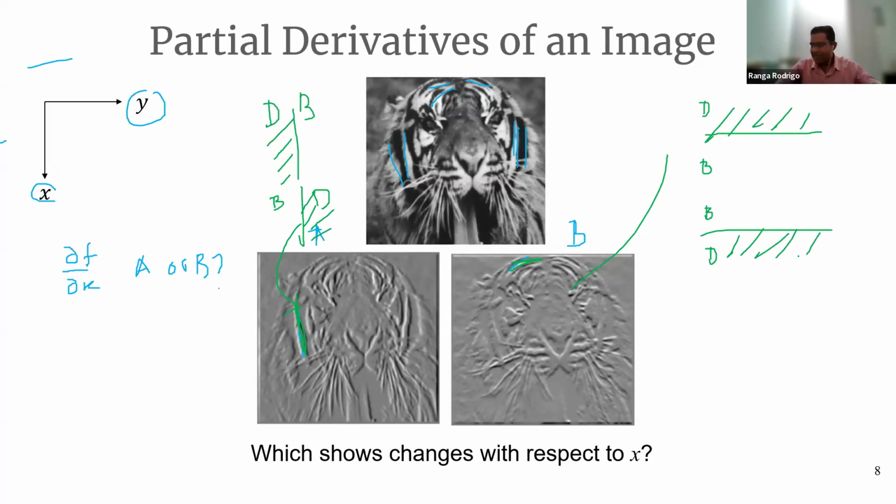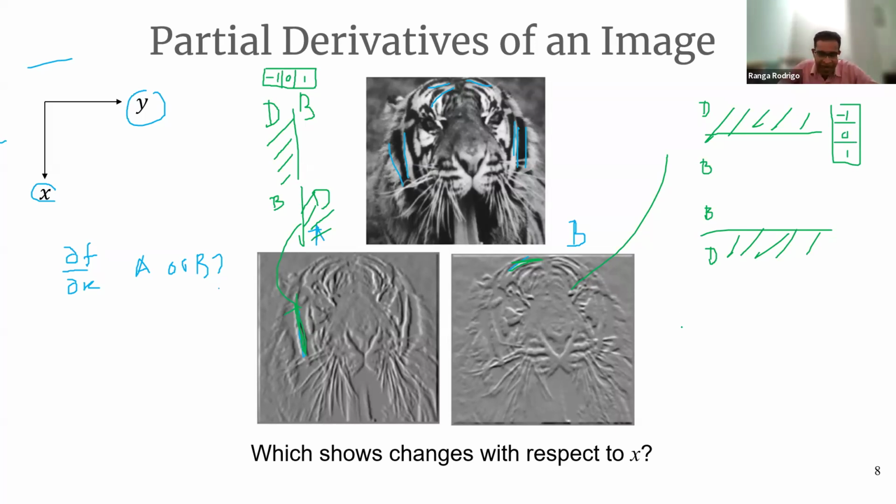Therefore, to detect these kinds of edges, you will need a kernel that looks like this: 1, 0, minus 1, or the opposite is also okay.